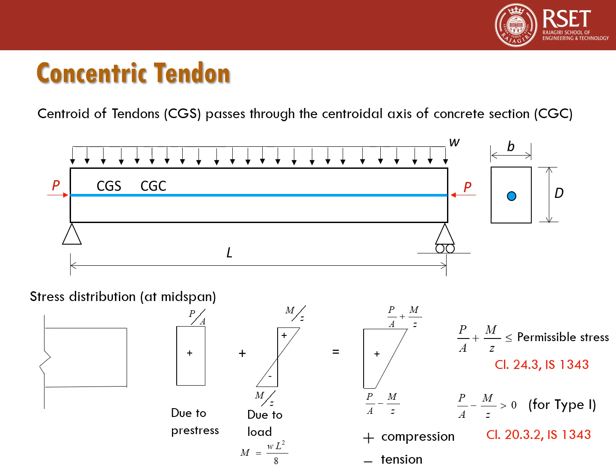If it is less than 0, that means it is negative, that means it will go into tension. So we have to ensure a no tension condition, no tensile stress throughout the length of the beam for type 1 members, that is given in clause 20.3.2 in IS 1343, and the permissible stress in concrete is also given in clause 24.3 IS 1343.